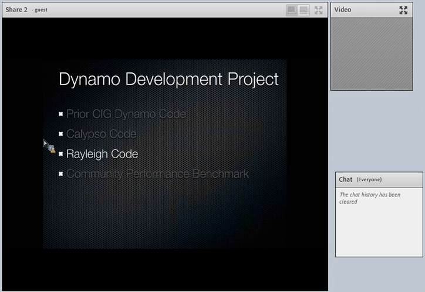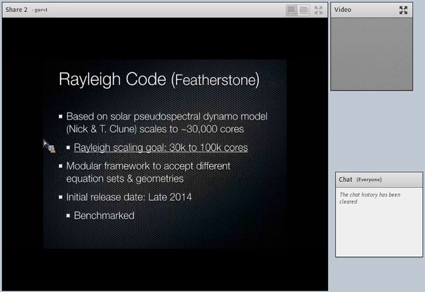And in addition, there's another code being developed, this time by Nick Featherstone. We're calling this the Rayleigh code, and it's based on another pseudospectral code, originally Gary Glatzmaier's original model, but this was developed in the solar community, largely by Nick, along with Tom Clune.